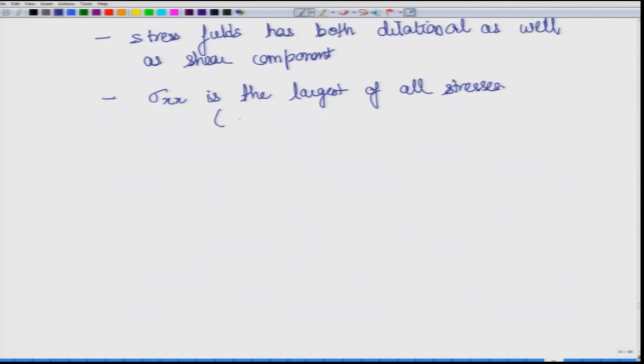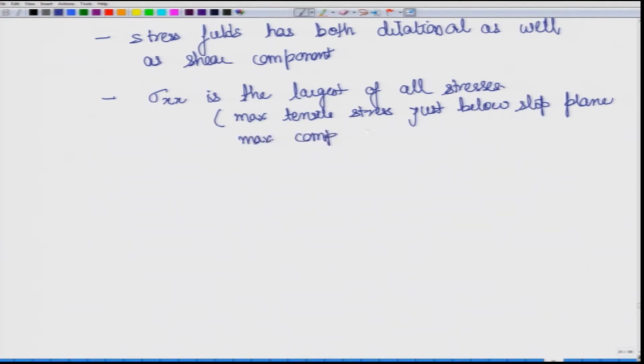And here you can see that the maximum tensile stress is just below the slip plane, and similarly, the maximum compressive stress is just above the slip plane. So, we have looked at the stress field for the two.